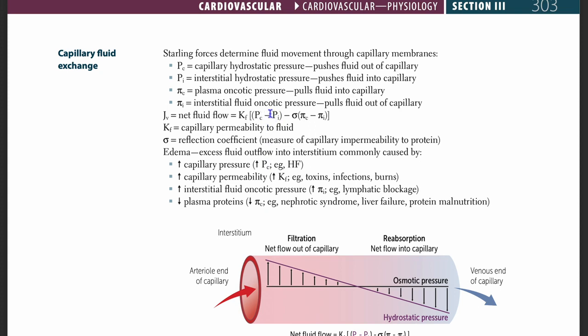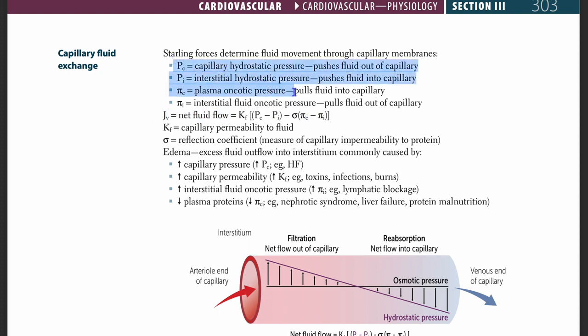So say you have more here and less here, then you're going to have a positive number. You just have the difference here, and then you subtract the oncotic pressures of the capillary and interstitium, and that tells you which way the net flow is.